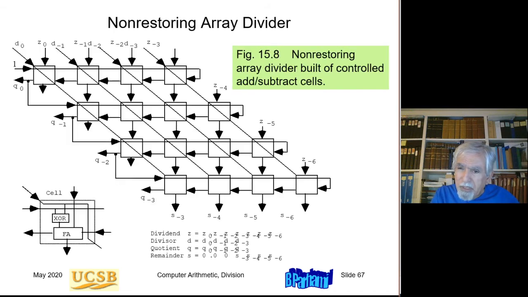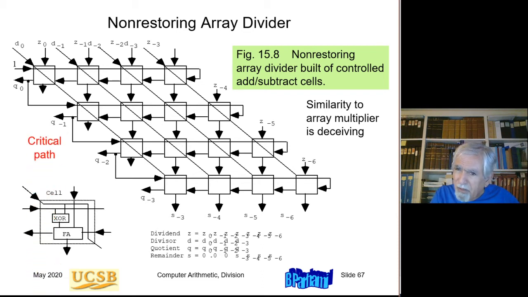But there's a major difference. Whereas in an array multiplier, the critical path is of length roughly 2k. If you remember, the critical path went through the diagonal, the k cells, and then through the bottom row, another k cells, 2k.